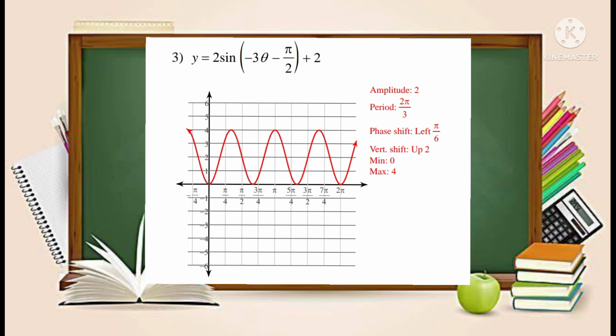This graph shows the up and down movement of the wave from the origin, across pi over 4, goes to pi over 2, and goes down across 3 pi over 4, and goes down to pi, and goes up across 5 pi over 4, and goes up to 3 pi over 2, and goes down to 7 pi over 4 to 2 pi.